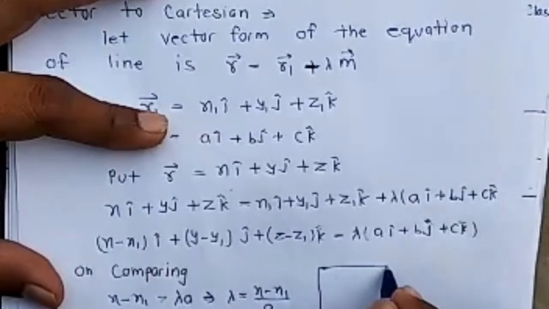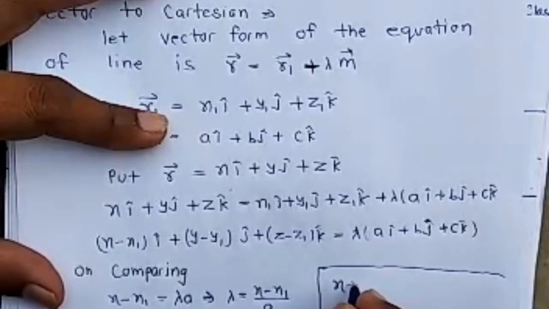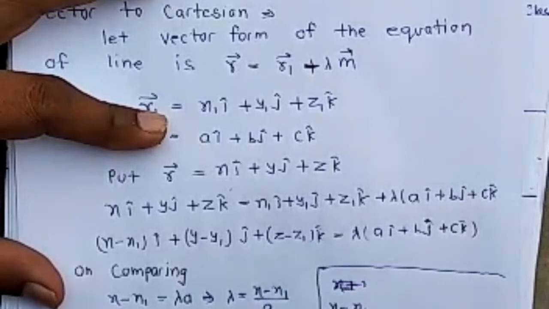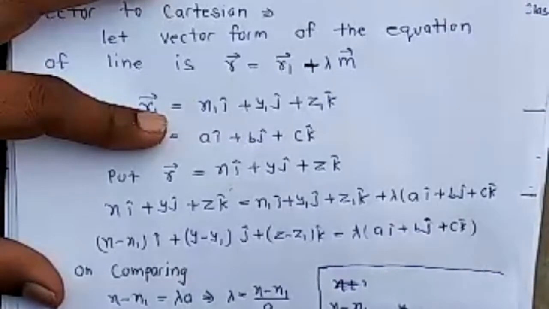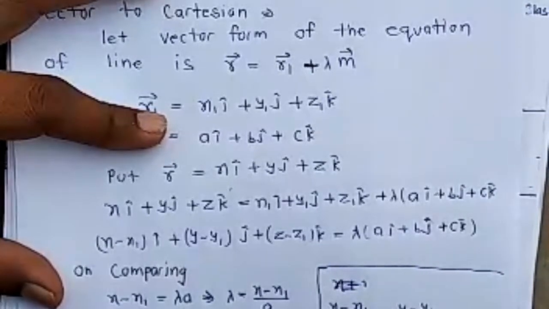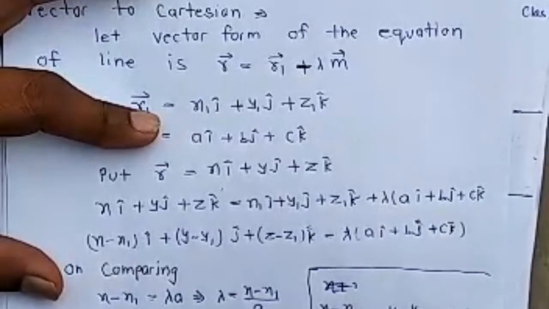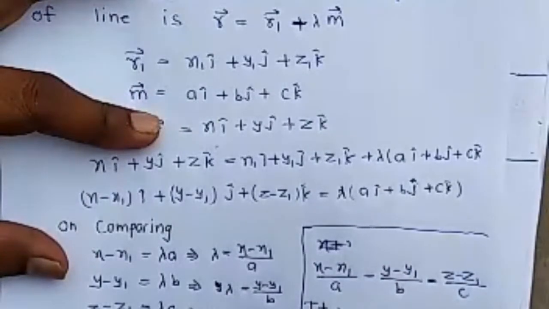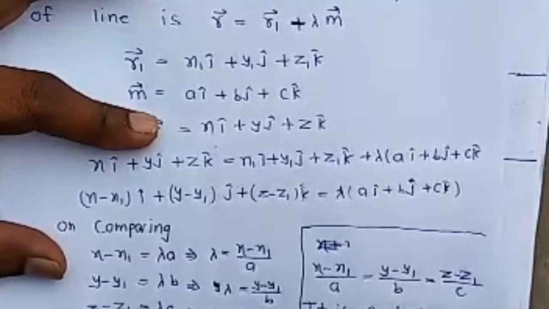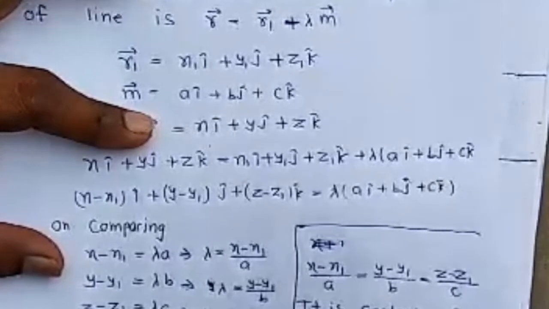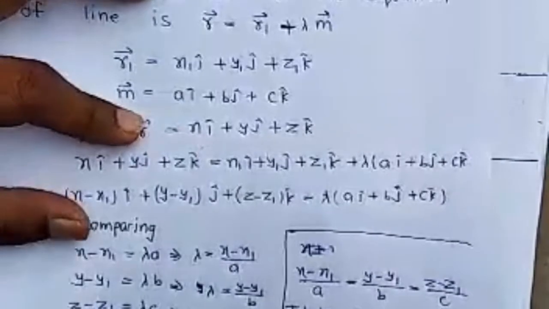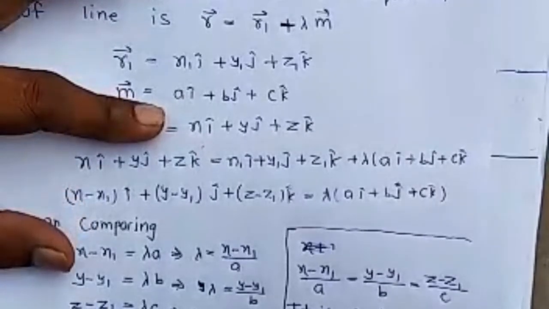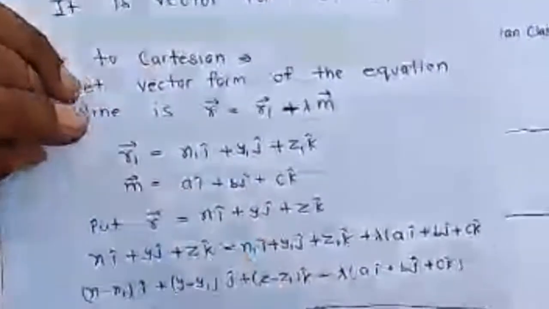Then equation of line in Cartesian form is x minus x1 upon a equal y minus y1 upon b equal z minus z1 upon c, and it is the Cartesian form of equation 1.